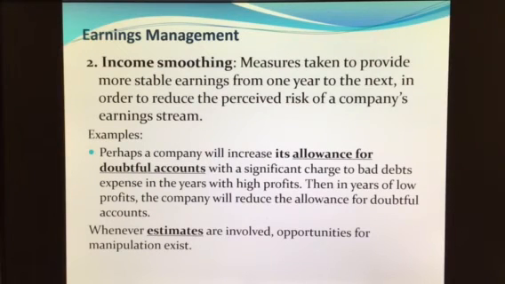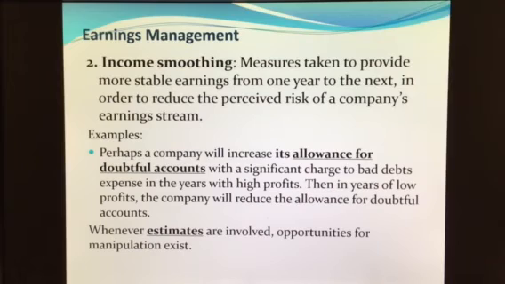It used to be straight line, now it's using accelerated methods or something like that, or whether it's changed its percentages. When we get to accounts receivable, we'll see that there are two basic ways to adjust that allowance at the end of the year, and both of them really rely on some measure of a percentage.